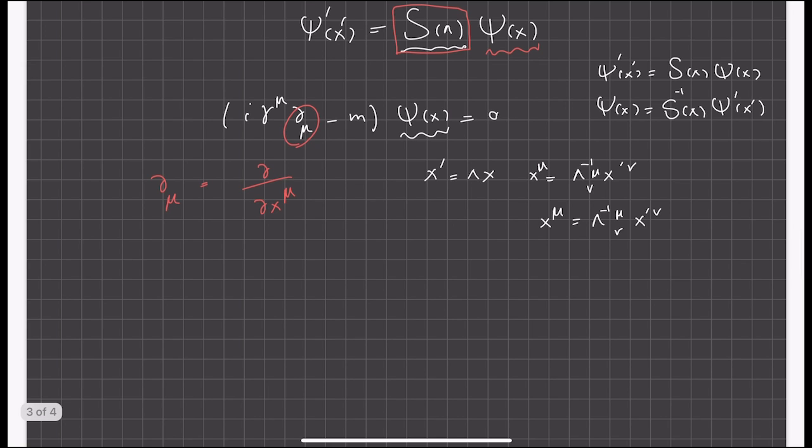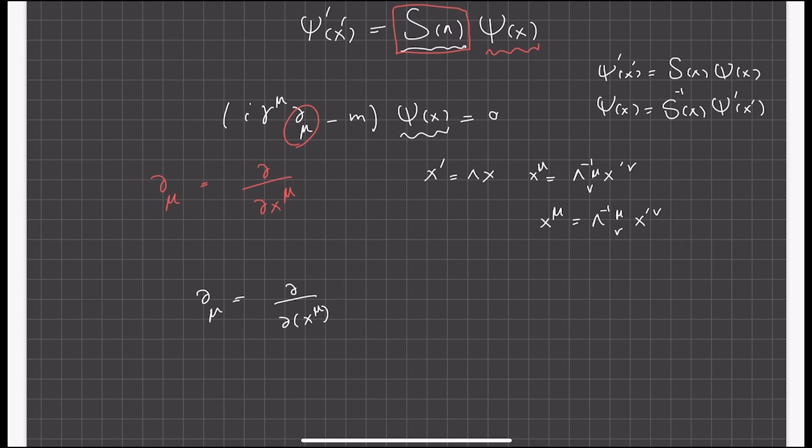So I'm going to write down the derivative d mu, and I want to turn everything into some form of d mu prime, the derivative with respect to x prime. So I'm going to write the derivative with respect to x mu.